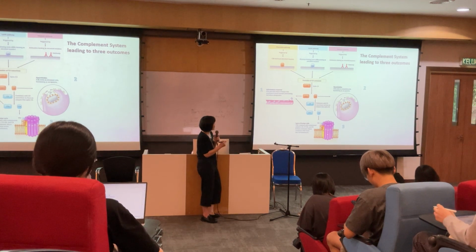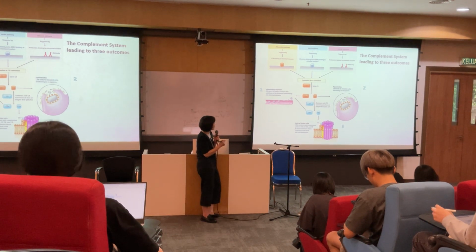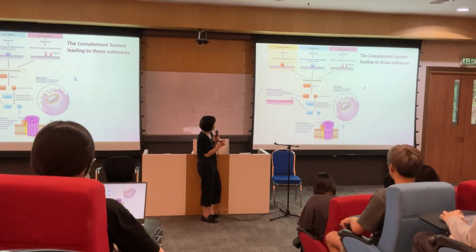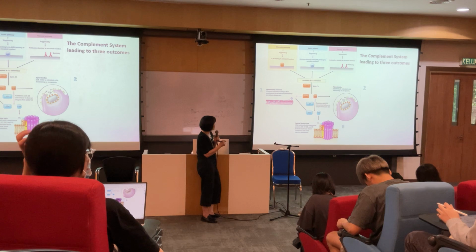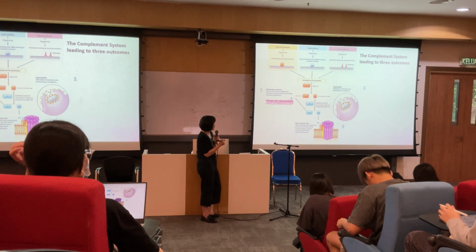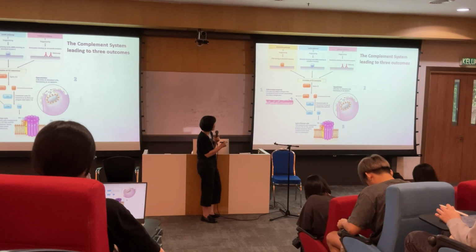Then lastly, C5b can be one of the components, acting as a monomer in a very big oligomer.